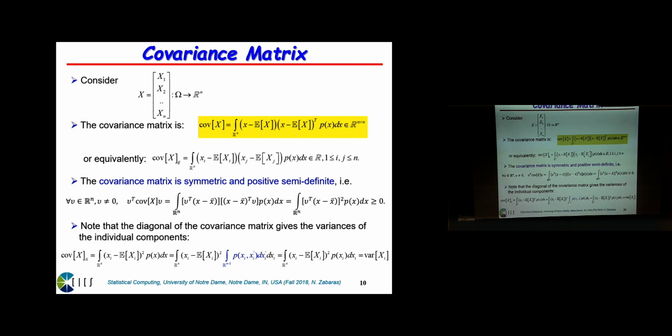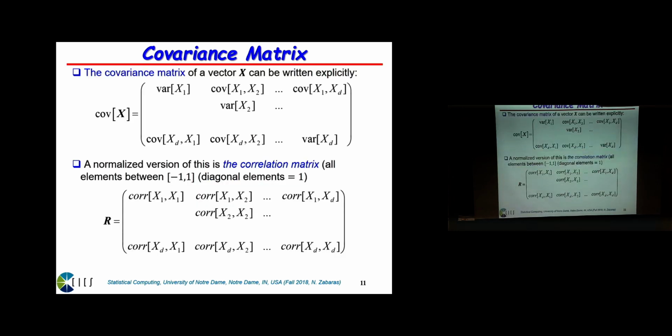So for example, if you take the ii element of the covariance matrix and you put i equal to j, this is what you get. You integrate out all the other variables, so what you get is this, which by definition is the variance of xi. So the diagonal of the covariance basically gives you the variance of the individual components.